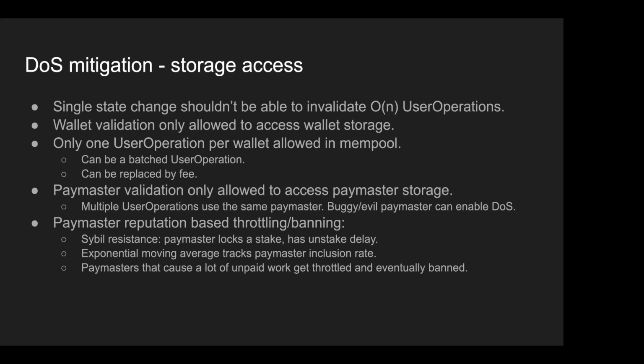And this is where the stake comes in. We needed, first of all, to create a Sybil resistance mechanism. So Paymasters must lock a stake, and they have an unstake delay. In order for a Paymaster to be valid, it must lock some ETH, and this ETH has to remain locked. Once it gets unlocked, this Paymaster is no longer considered valid, and any op specifying it will be dropped.